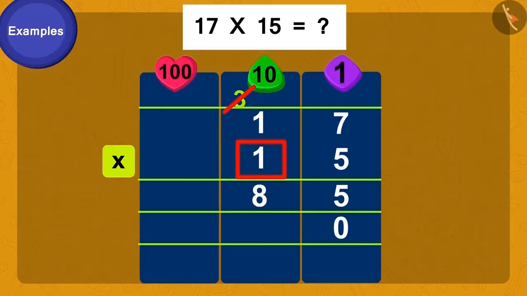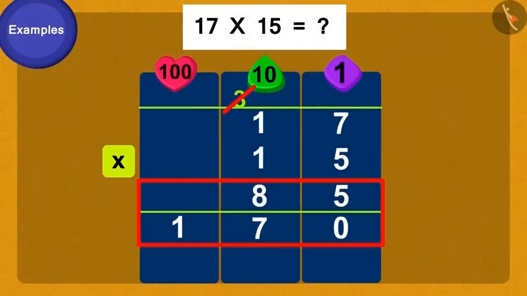First we multiply 1 by 7. Is it done? 7. We will write it like this. Now finally, 1 is multiplied by 1. That's 1. We will write it like this.